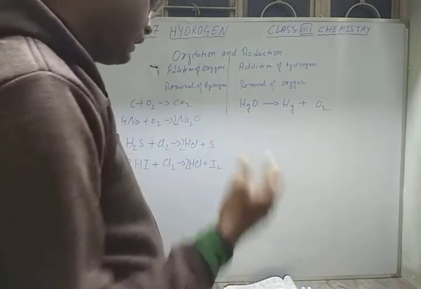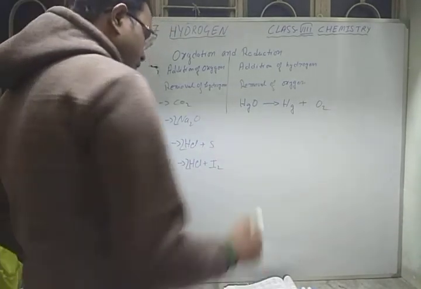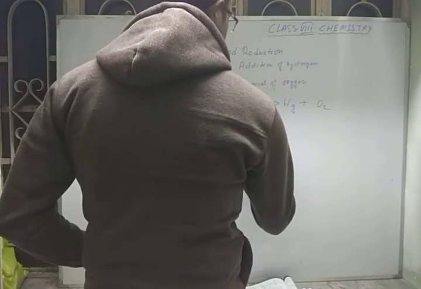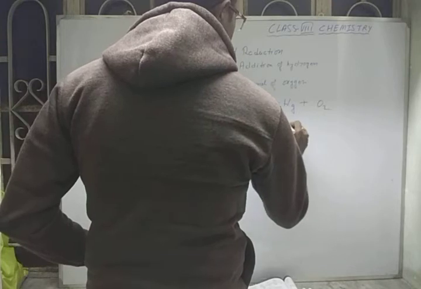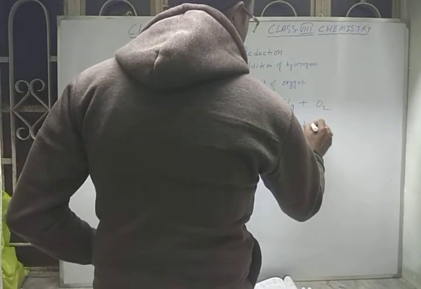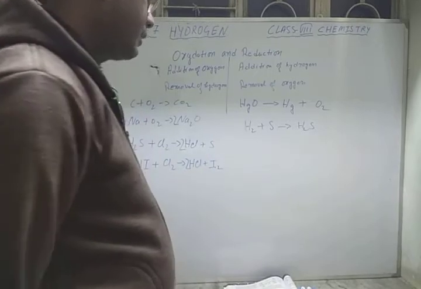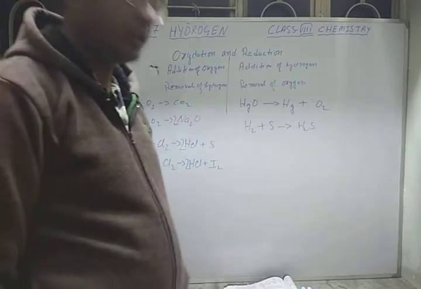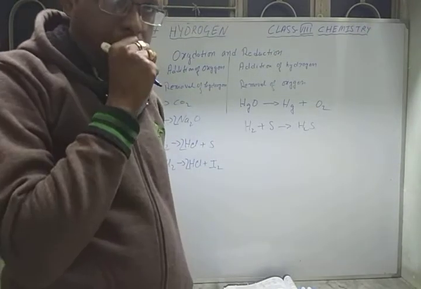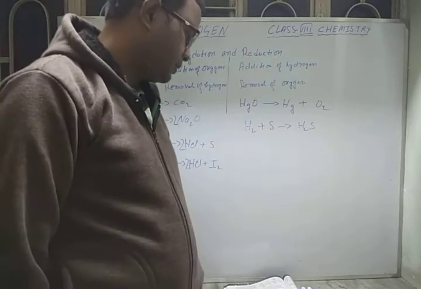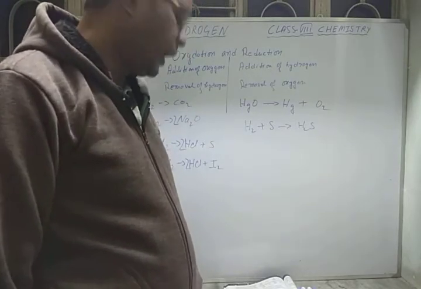Now we will see the addition of hydrogen. When hydrogen reacts with sulfur to form hydrogen sulfide gas, what we see here is that sulfur reacts with hydrogen to form hydrogen sulfide, which is again an addition of hydrogen.